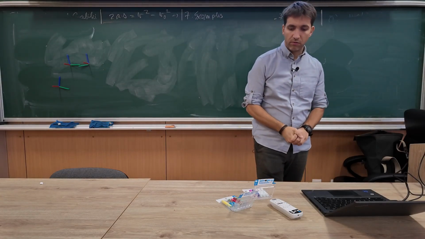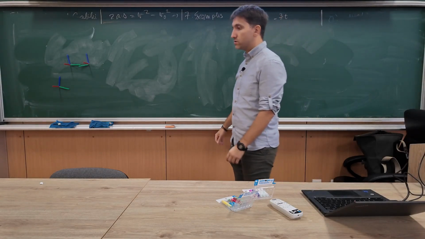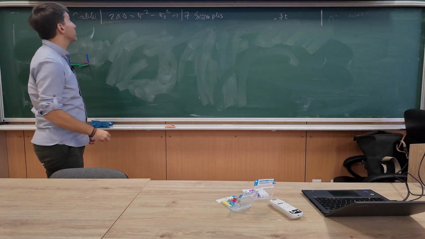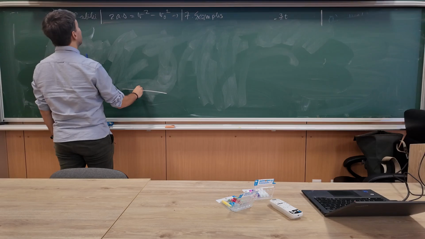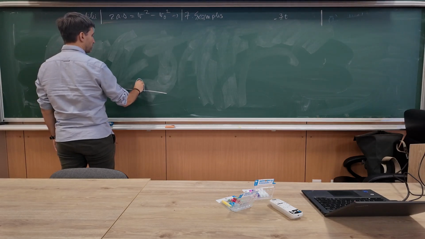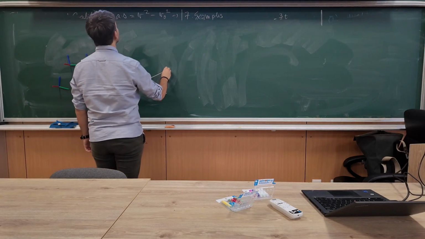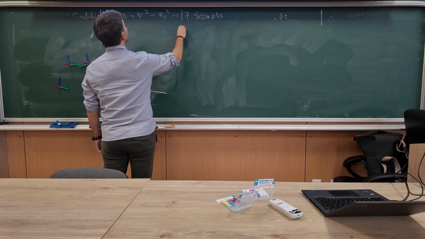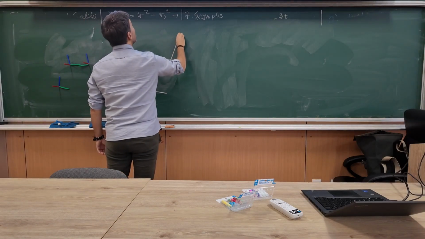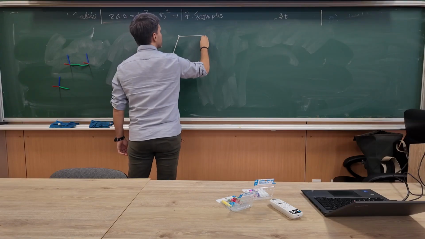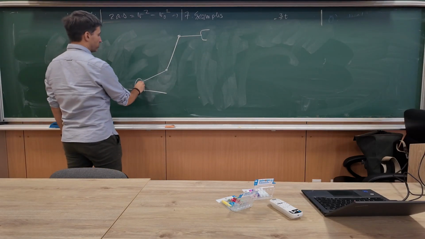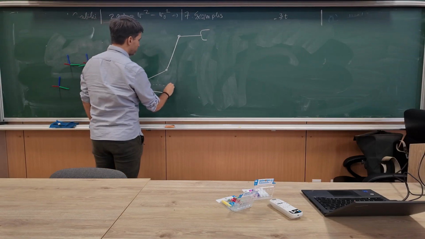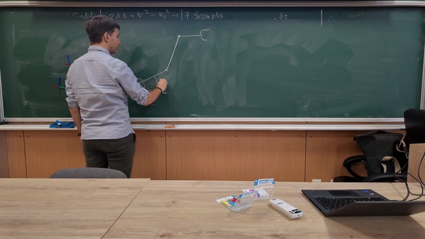All right, so let's draw the robot here, more or less the same configuration. I have this joint, and then I have this. Right, now I measure Q1, which is this rotation from here.